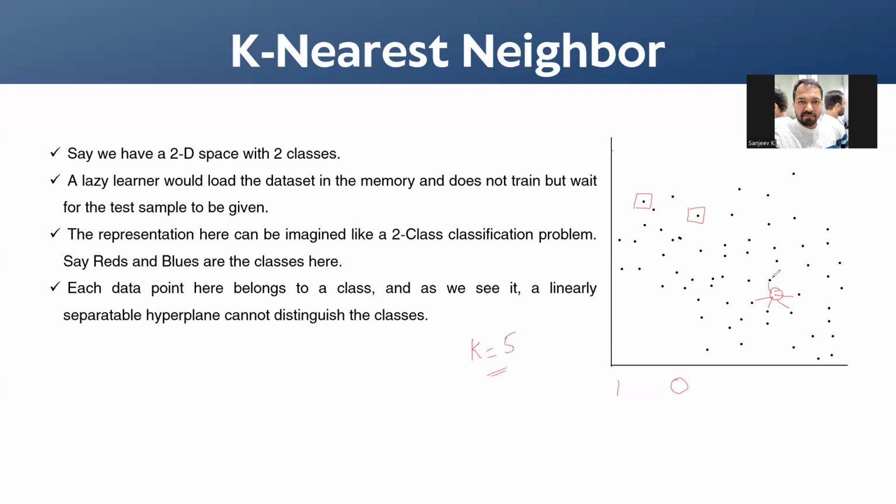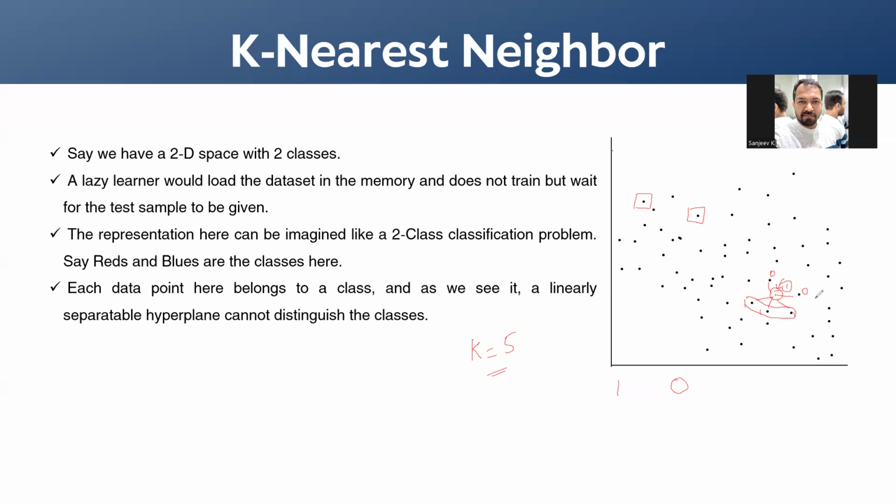Now we'll try to flip this coin, like let us say this is something like a coin, and we see what the class is. Say, for example, this data point belongs to class 0. This data point belongs to class 0. This belongs to class 1. This belongs to class 1. And this belongs to class 1. So according to k nearest neighbor, because the majority of these 5 classes are class 1, we label this new data point as class 1.